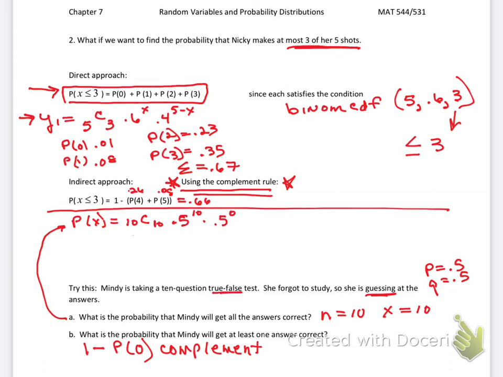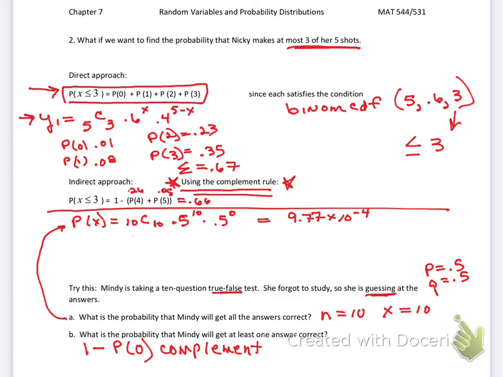This is what goes in your calculator. So you should get 9.77 times 10 to the negative 4th. So not very probable.